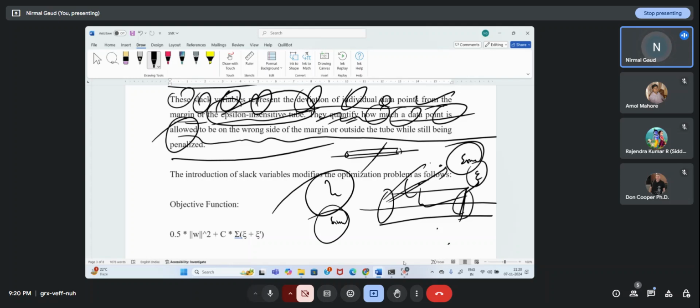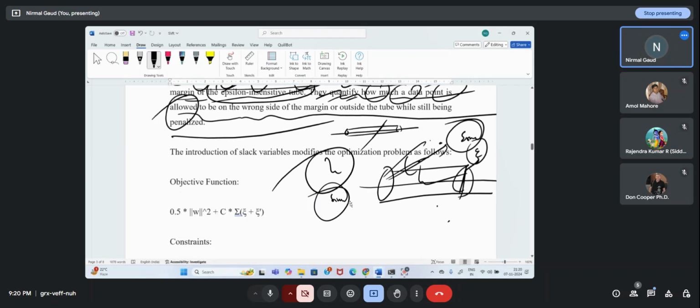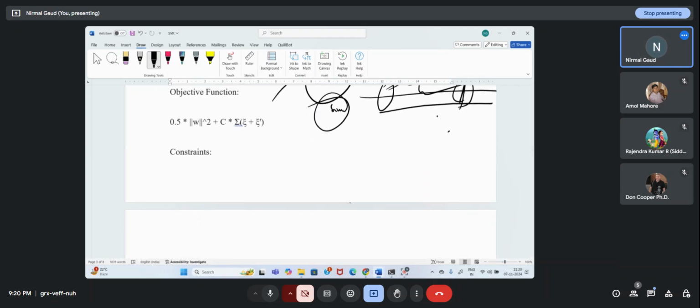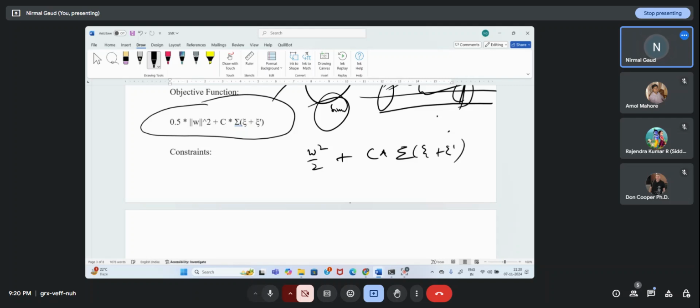And for that only, they have also defined the constraints. Look at this equation: W square by 2 plus C into summation of slack plus slack dash. Again, this is the objective function. Your same width margin.